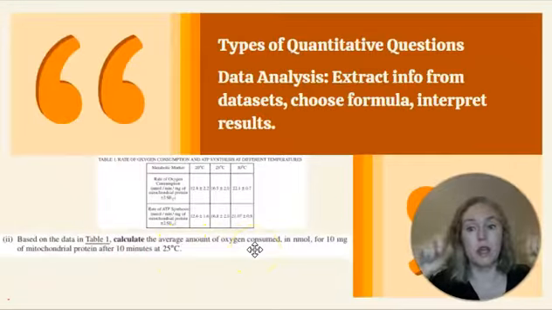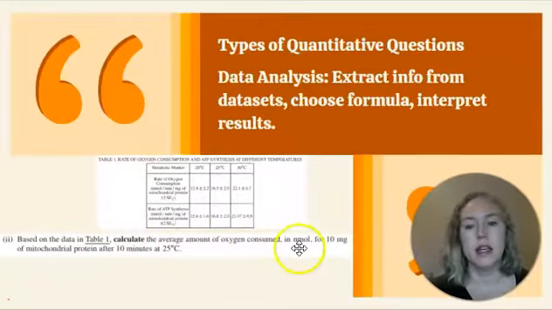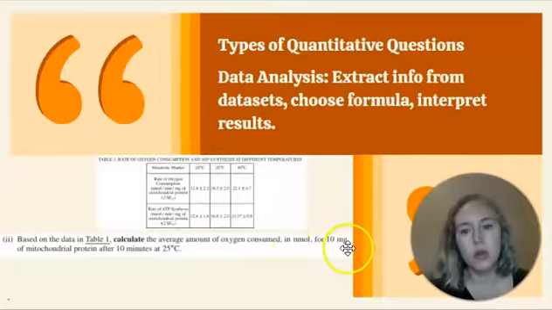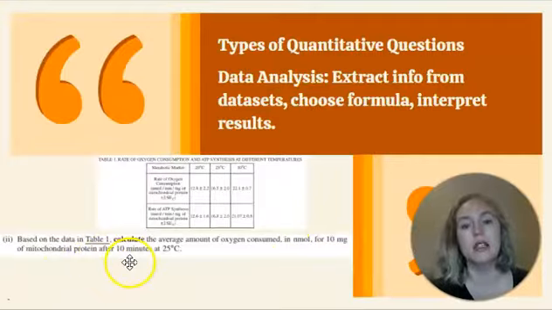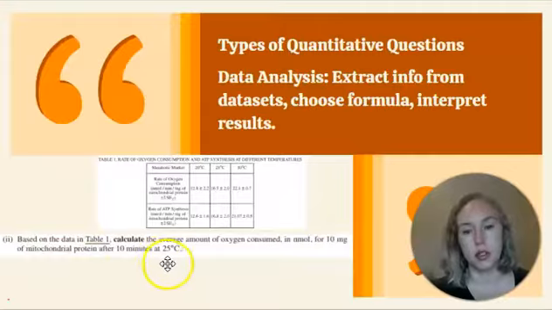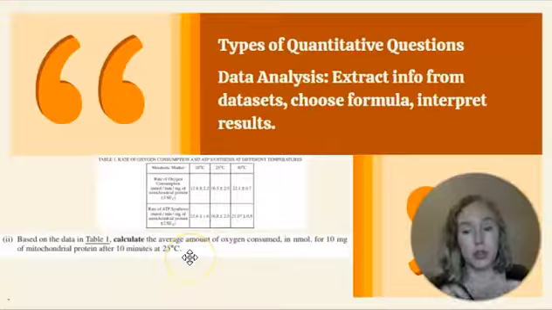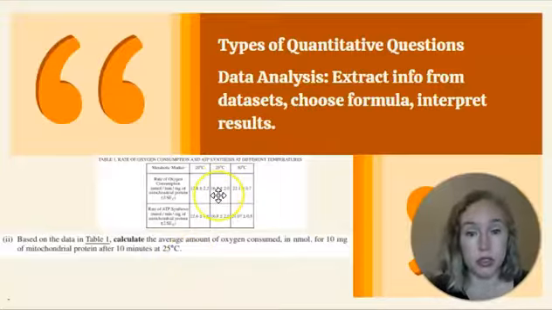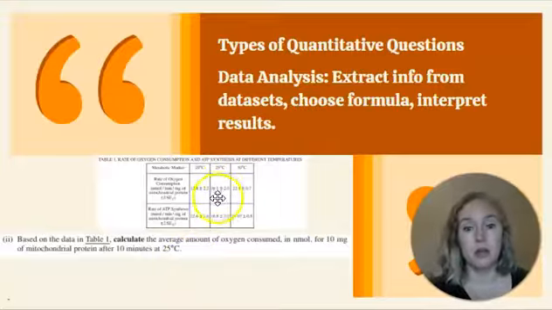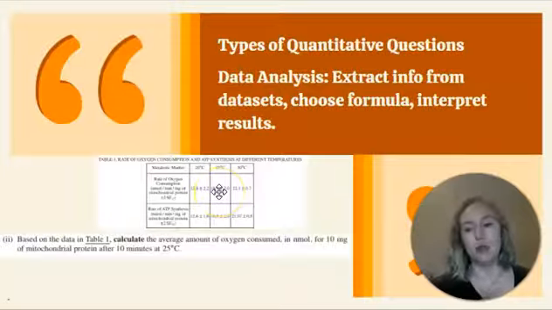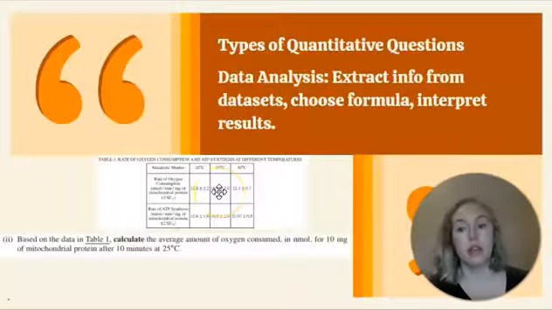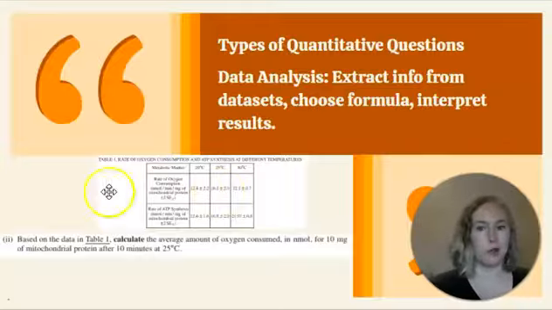So now we know, okay, top row, oxygen consumption, in nanomoles for 10 milligrams of mitochondrial protein after 10 minutes at 25 degrees C. So at 25 degrees C tells us we need to use this middle number here, and then we'll do some calculations based on that. So picking the right number and then doing calculations from there.